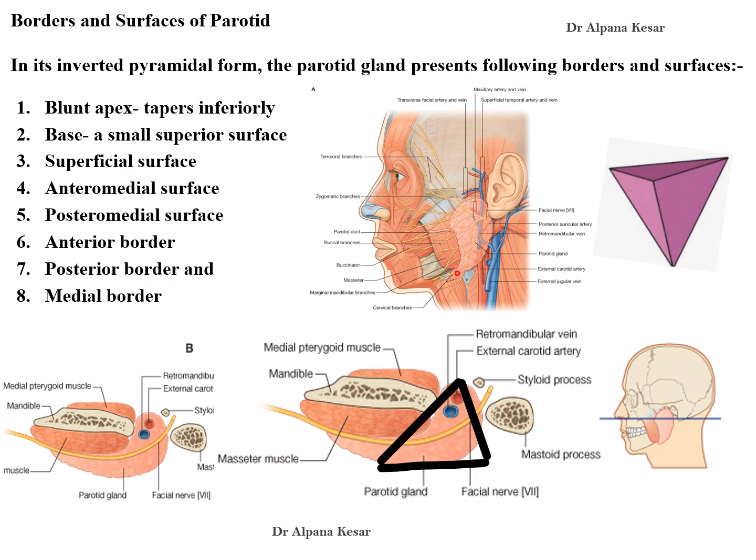This is the anterior border. This is the anterior border of the pyramid. This is the posterior border of parotid gland. And the third border is its medial border. This is its medial border.